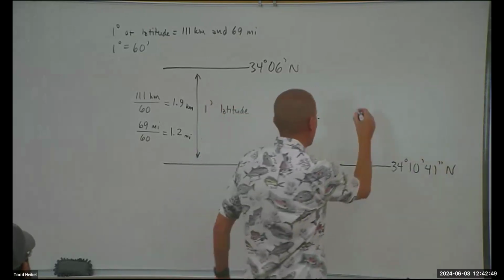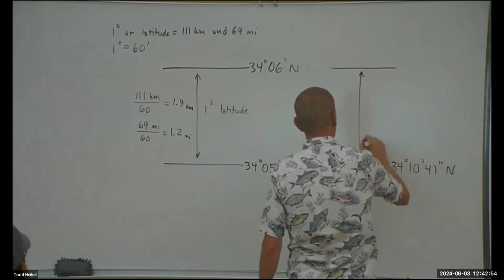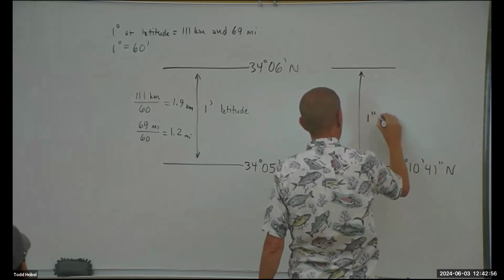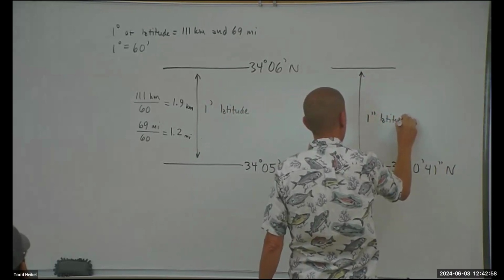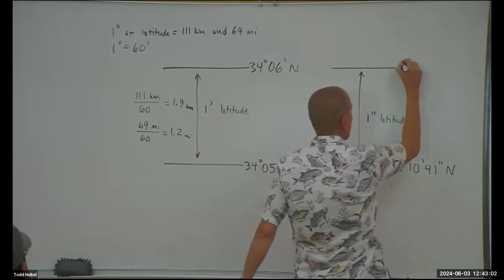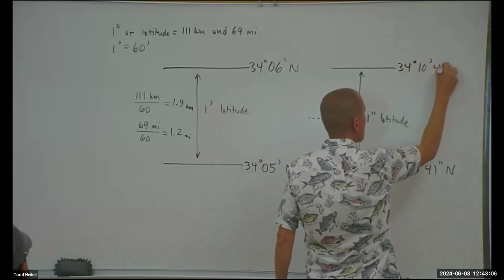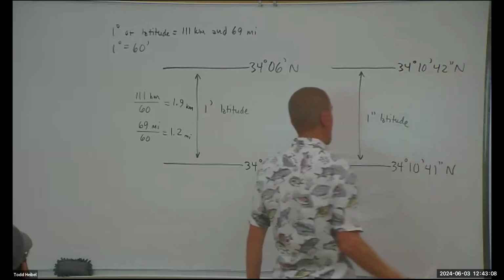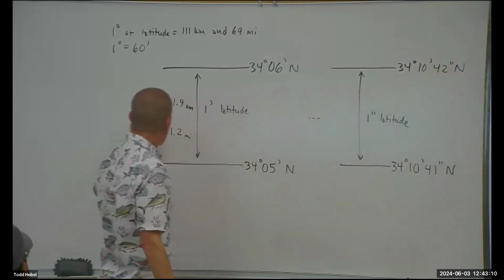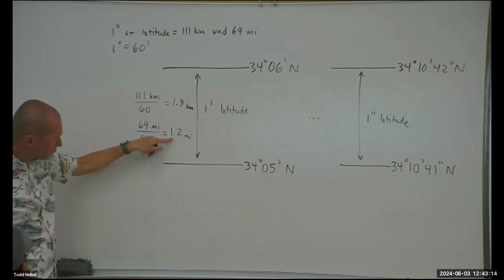Then we're going to go just 1 second farther north. So this is going to be equal to 1 second of latitude. We use a little quote mark, like a double prime. Then we're going to be at 34 degrees, 10 minutes, 42 seconds north. So again, that's going to be 1.9 kilometers or 1.2 miles.